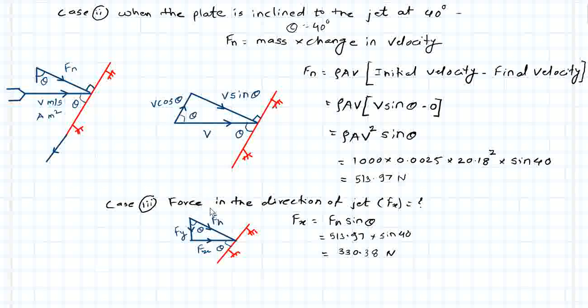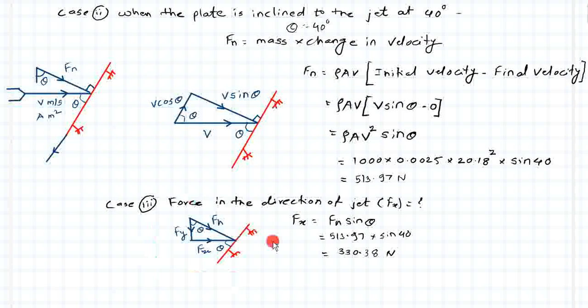Case number 3, the force exerted in the direction of the jet, as in case 2. So the force exerted in the direction of the jet is nothing but Fx. The Fx is the force which is generated due to the normal force. So for that purpose, we resolve the normal force into xx and yy directions.